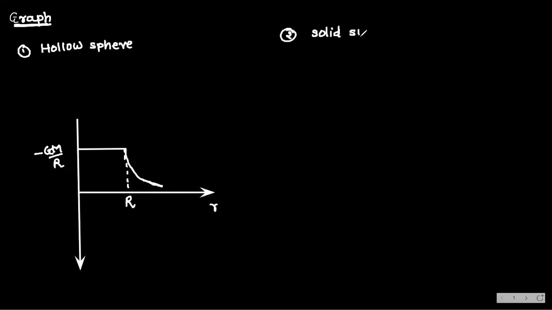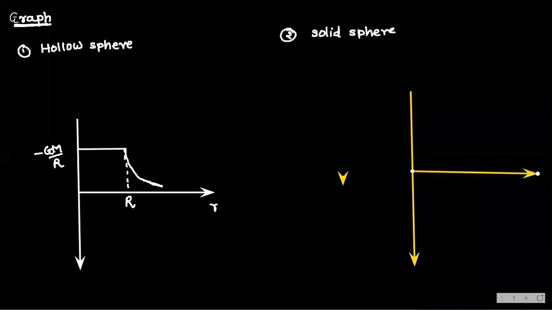Second one was for solid sphere, and the graph is something like this. Like this graph for this solid sphere.